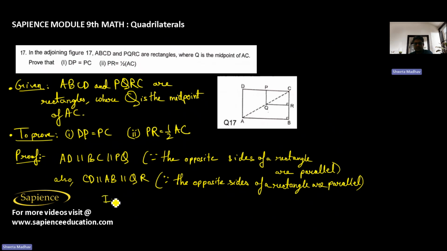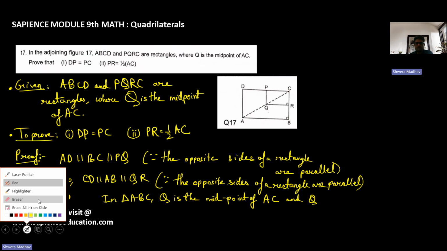Now here I can say that in triangle ABC, Q is the midpoint of AC.